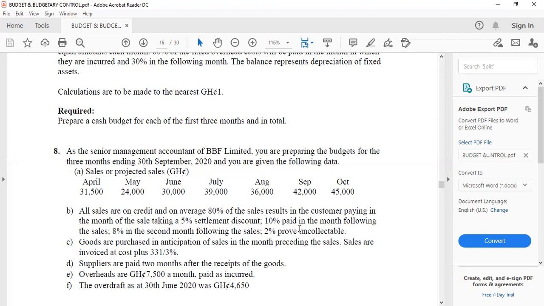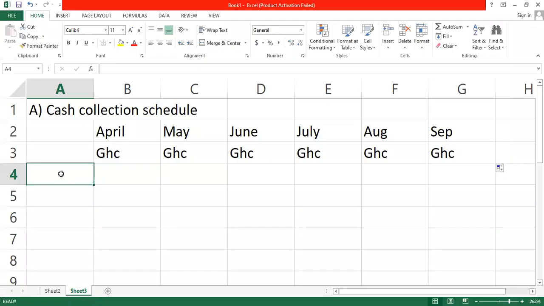If you are giving 5% out, it means that you are going to receive what percentage? 95%. So you just multiply that by 95%. What are you getting? 23,940.